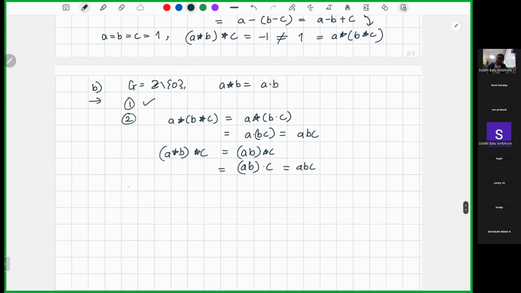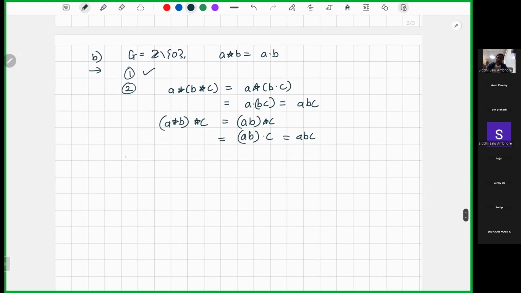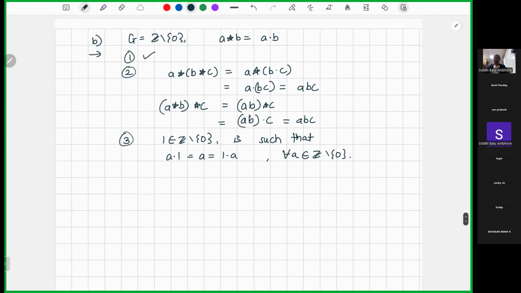As guessed by Om Prakash, the existence of inverse is a problem here. The identity will be there, because 1 belongs to Z minus 0 such that A into 1 is equal to A is equal to 1 into A for all A in Z minus 0. So the multiplicative identity is available in this case.